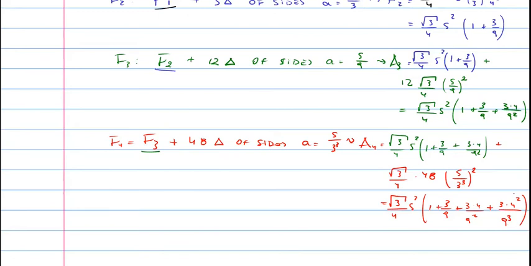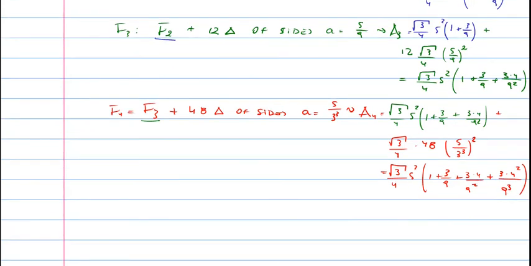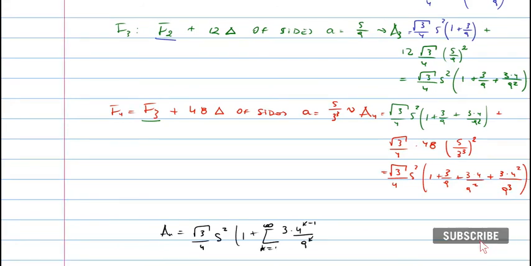And so once we've done all this, it's easy for us to realize that A sub n will have the form square root of 3 divided by 4 s squared times 1 plus the sum from k equals 1 to infinity of 3 times 4 to the power k minus 1 divided by 9 to the power k.